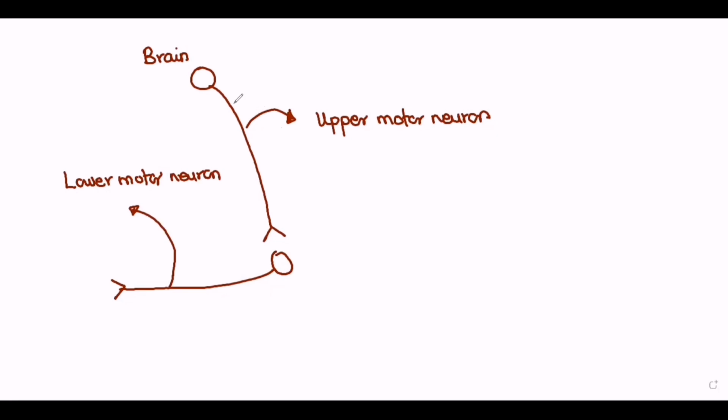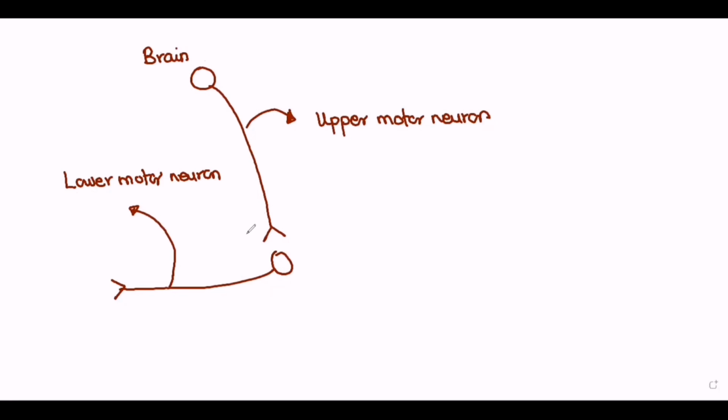Now, when we're discussing the anatomy, when we're discussing strokes and neuroanatomy, remember we said that the lateral part of the motor cortex is where the face is when we're discussing the motor homunculus. And we said that the neurons which come from that part of the motor cortex constitute the what?